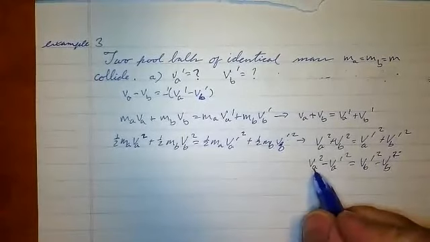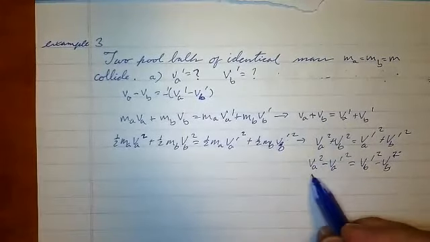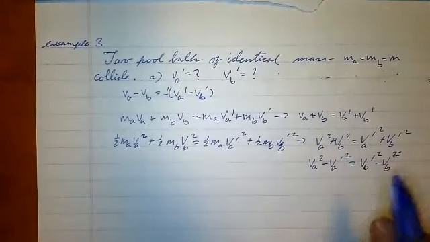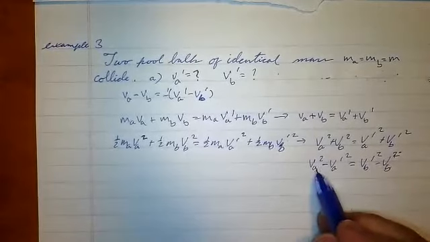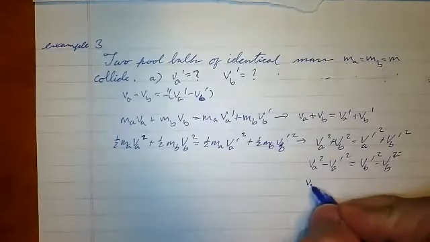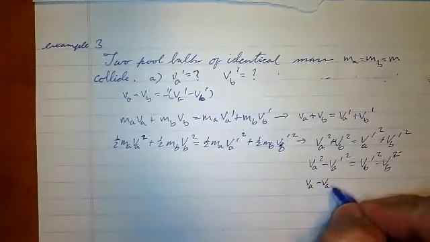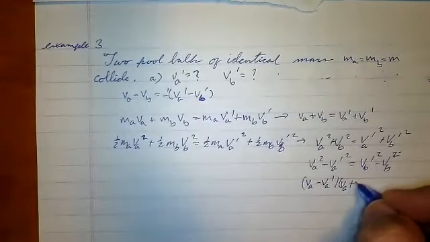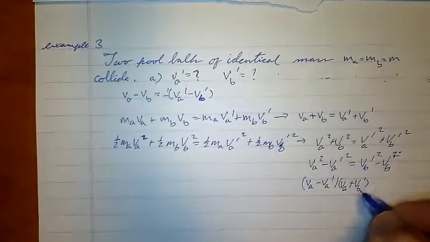You can now factor that, and you'd see immediately that I'd get a VA plus VB that could cancel out. When you do that, life gets really nice. So I have VA minus VA prime times VA plus VA prime equals VB prime minus VB times VB prime plus VB. A lot of subscripts to talk about here.